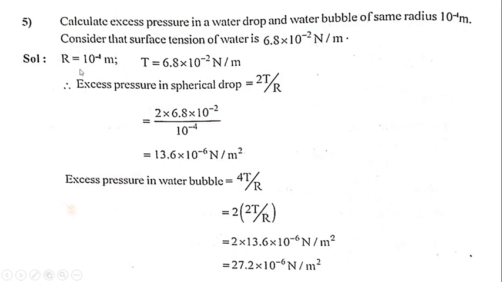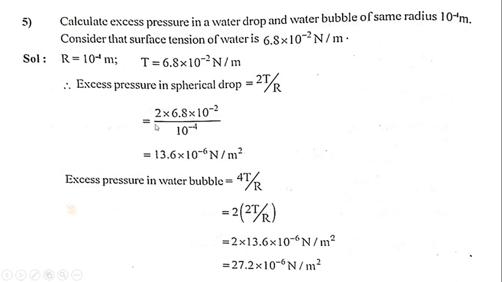So in the given example, r equal to 10 raised to minus 4 meter, that is the radius, and also the surface tension of water is given, that is T equal to 6.8 into 10 raised to minus 2 Newton per meter, and therefore excess pressure in a spherical drop is equal to 2T upon R.